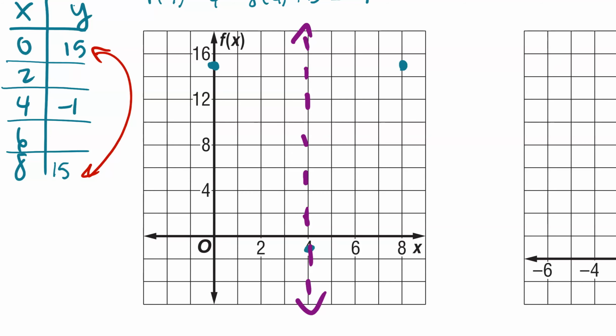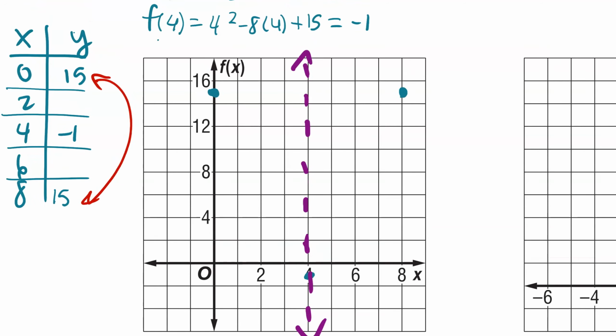Which is another way to really intuitively think about it. Okay, if I plug in 2, let's find f of 2. It's not necessary, but I'm trying to make a point about the axis of symmetry.